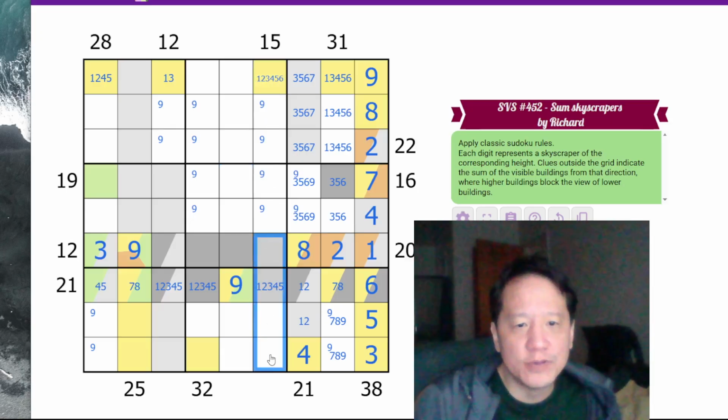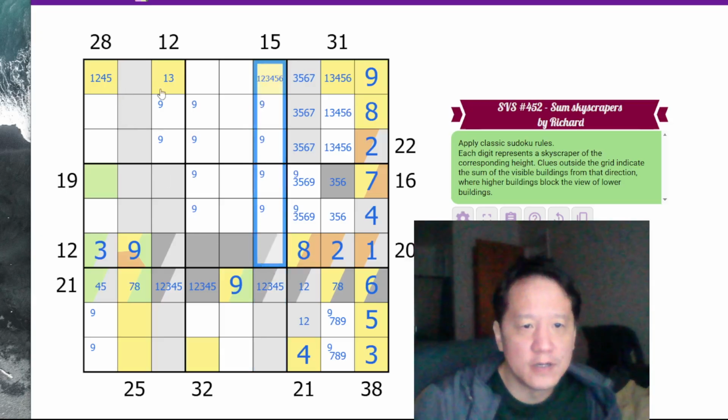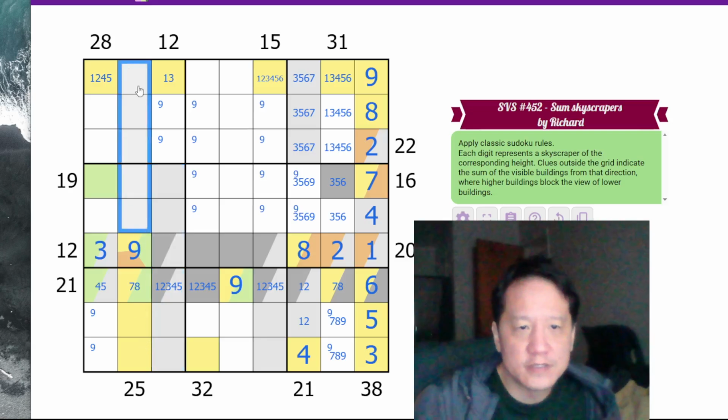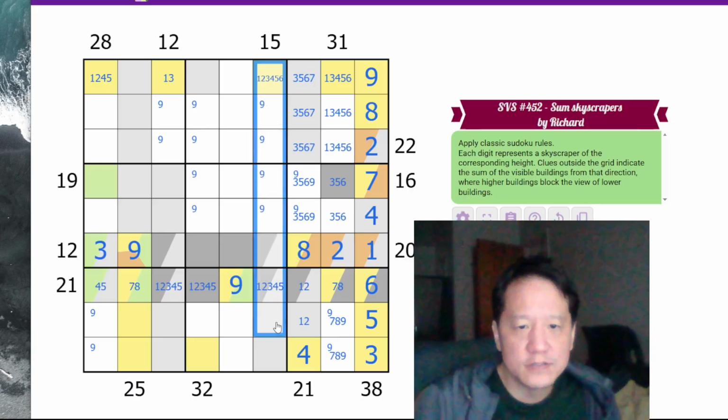This cell will not see anything behind here. So this is not seen vertically. This is obviously not seen at all. This is not seen at all. 32, it will not see this cell vertically. This is fine. This is fine. This is not seen. It will see a lot of these.